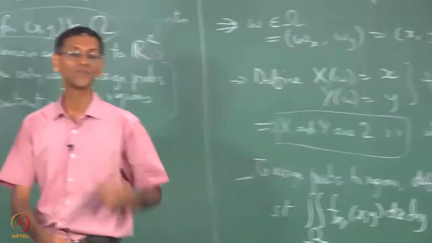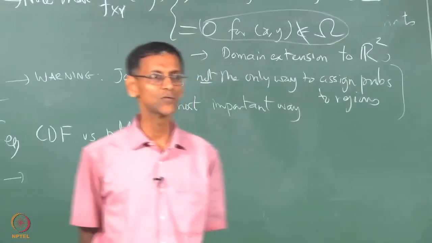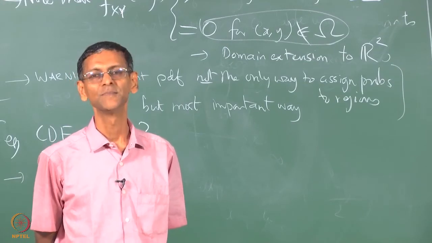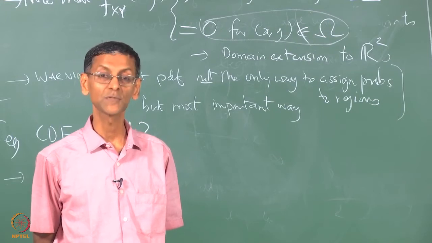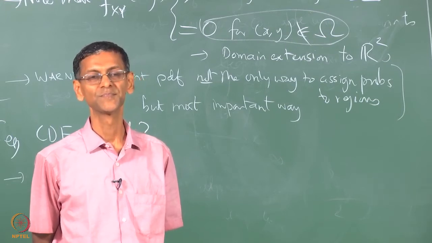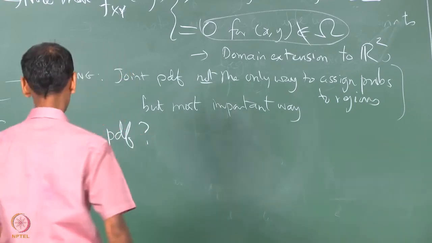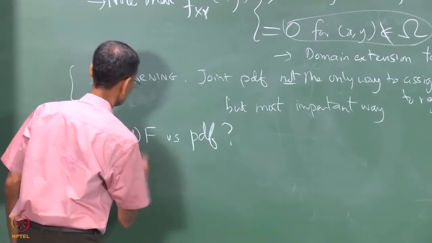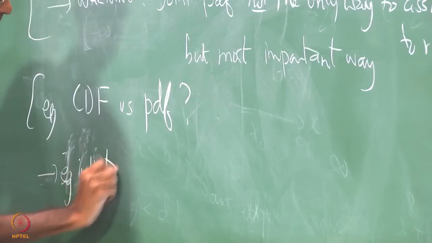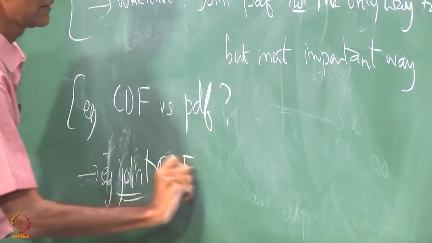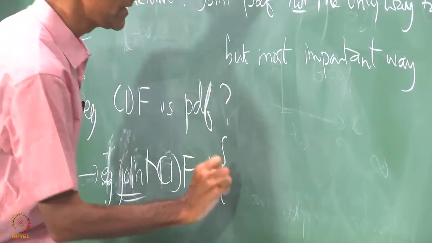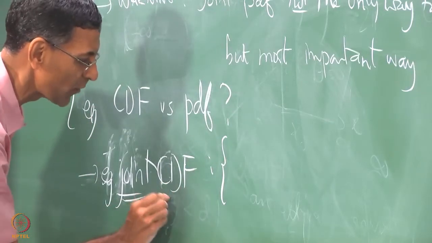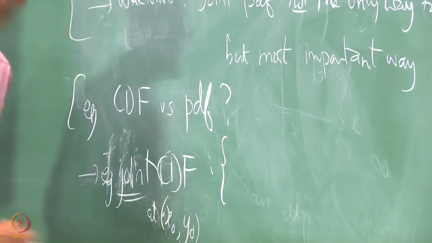So, what is a joint CDF? I am sure those of you that have studied it know what particular region we are looking at for a joint CDF for two random variables. The joint CDF is this event, this region: you pick a point x naught, y naught in the plane.